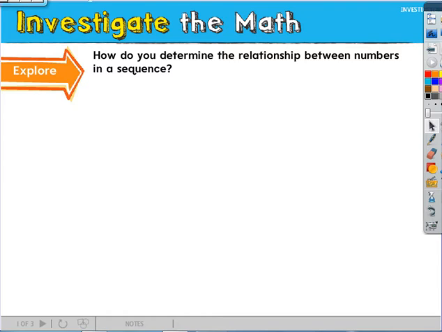Then 3 multiplied by 3, that's 9. 4 multiplied by 4, that's 16. 5 multiplied by 5, that's 25. So our next one would be 6 times 6, which is 36. So you can see there's all kinds of different ways that we can find patterns and the relationships between the numbers. So that's what we're going to be doing today.